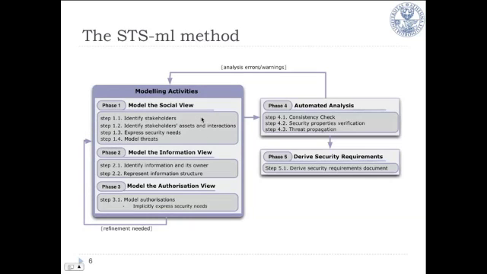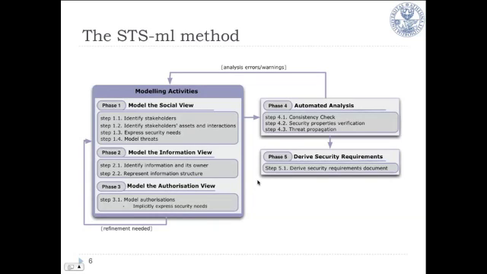For starters, we want to identify who the stakeholders operating in the system are, and then we want to identify their assets and the interactions they have with others. We want to capture the security needs they have while entering these interactions. And finally, we want to see if there are any threats that are influencing or affecting the stakeholders' assets.